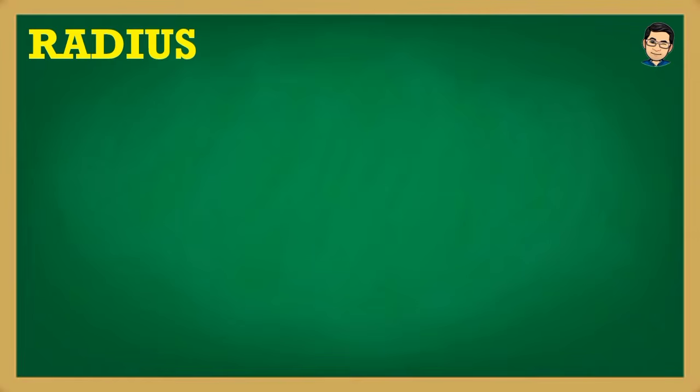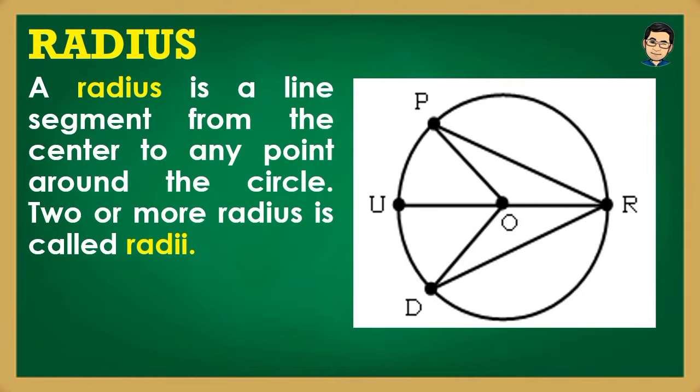So next, one of the main parts of a circle is what we call radius. When we say radius, it is a line segment from the center to any point around the circle. So 2 or more radius is called radii. Yung radius po na yan, common term po yan sa circle.